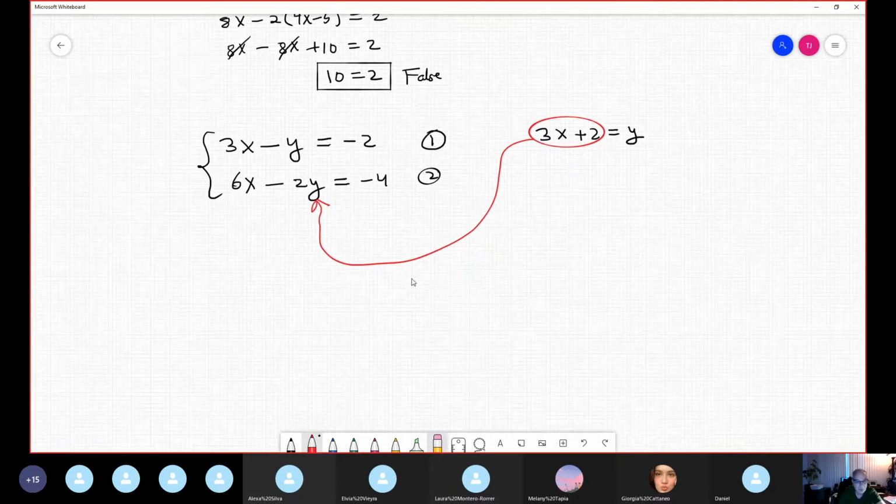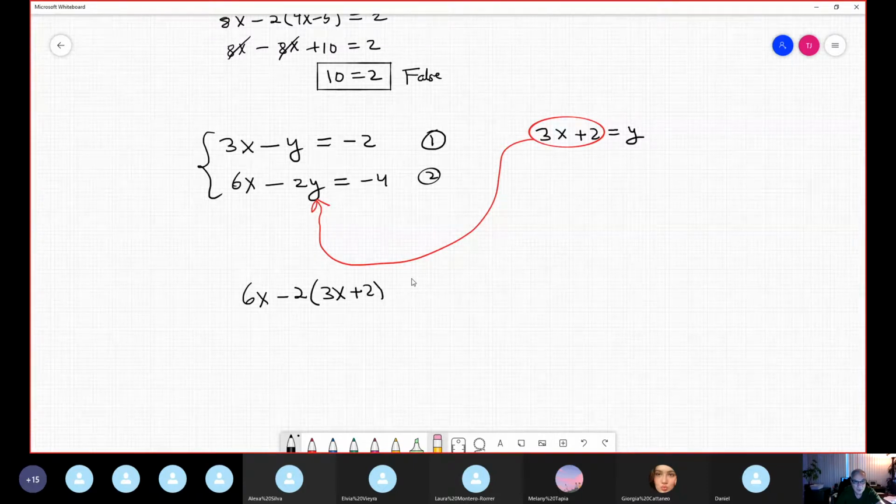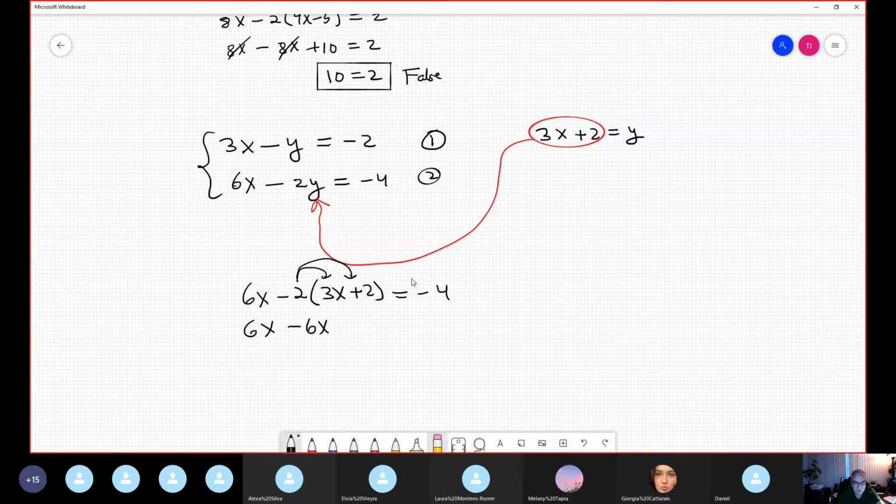Let's do it. So now we have 6x minus 2 times parentheses 3x plus 2 equal negative 4. Sorry, negative 4. You apply this trivial property one more time: 6x minus 6x minus 4 equal negative 4.